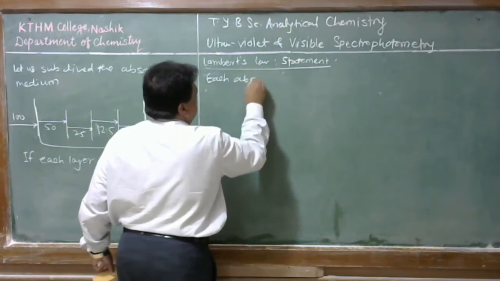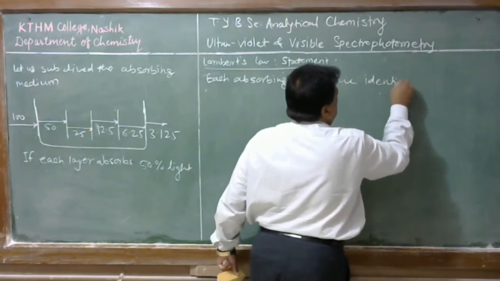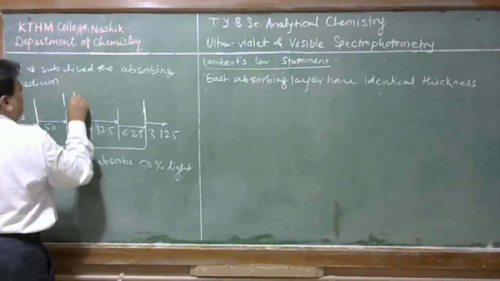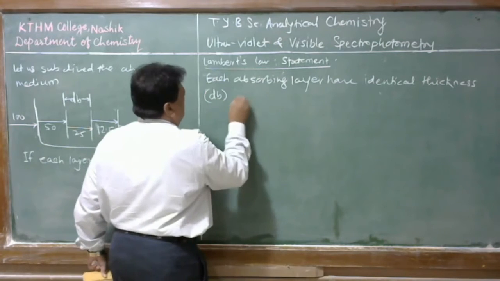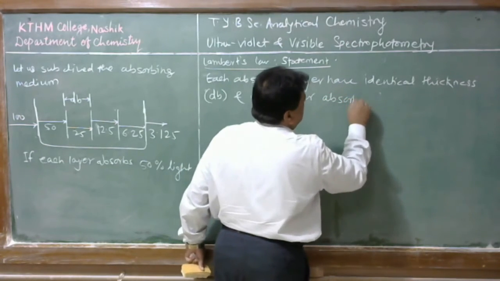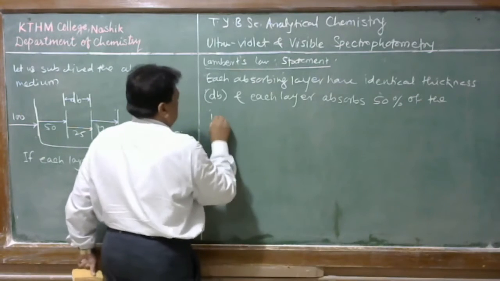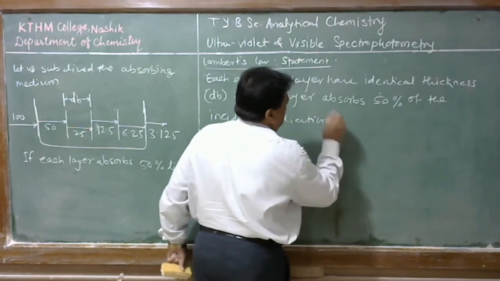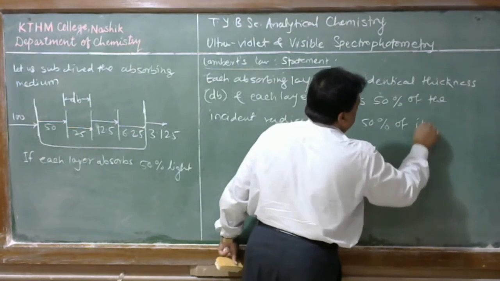Each absorbing layer has identical thickness, suppose this is db, a small layer of thickness db, and each layer absorbs 50% of the incident radiation, and 50% of it is transmitted.